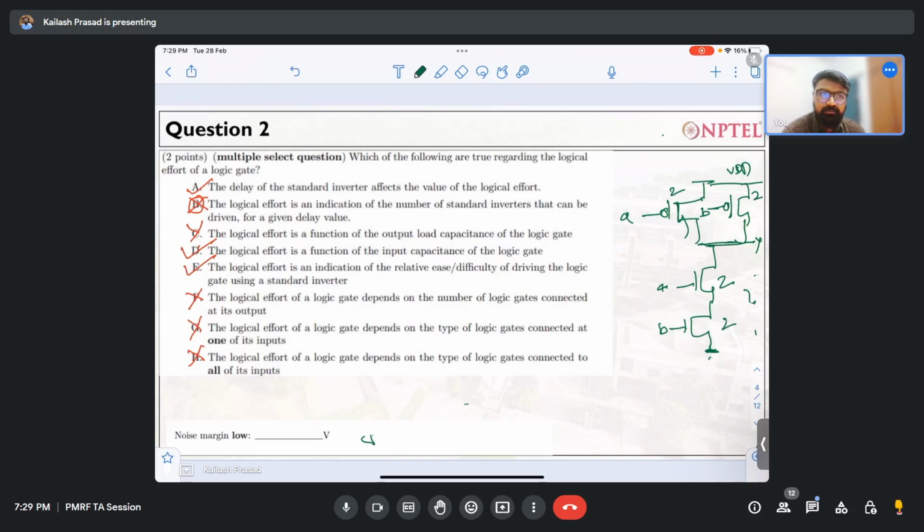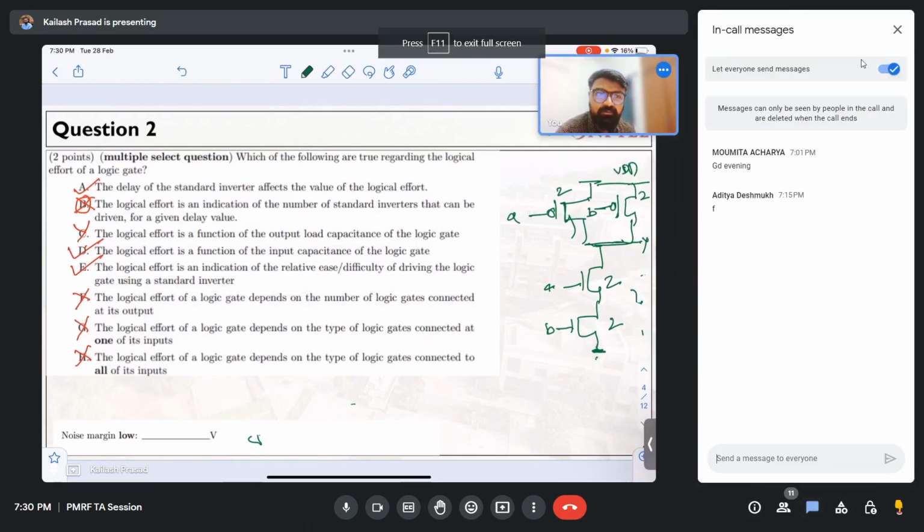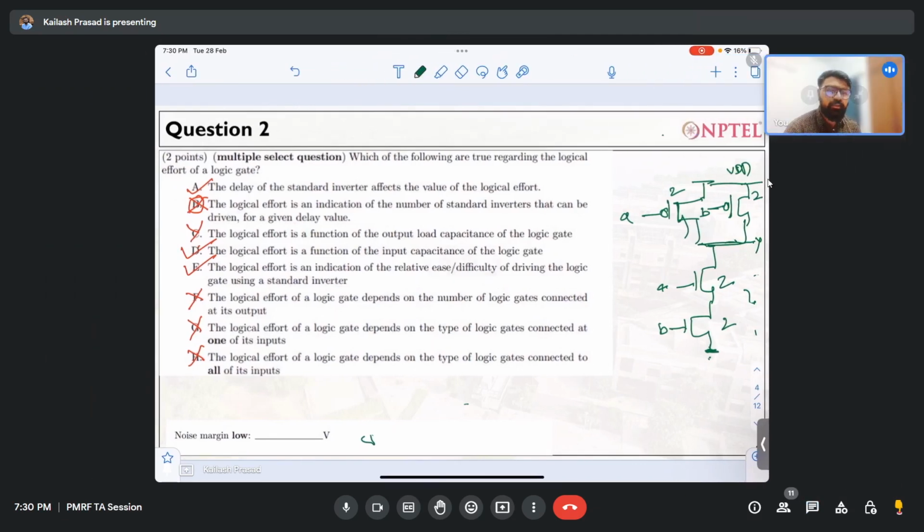Other students? You can comment if you agree with this. Okay, Momita is agreeing. So yeah, that's correct. So it will be 2, 2, right?